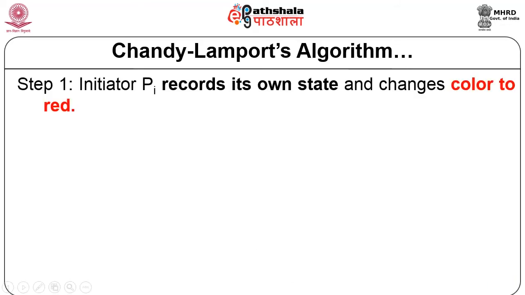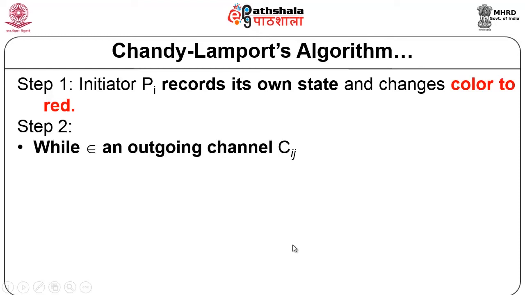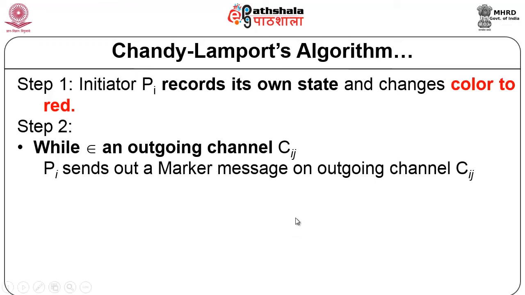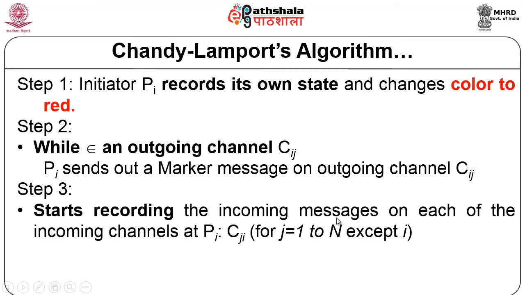So, here is the algorithm. In step 1, a process Pi starts, it is the initiator, it starts recording the state and changes its color to red. In step 2, for all its outgoing channels, it will send what is known as a marker. And in step 3, we start recording the incoming messages on each of these channels, and we continue recording.